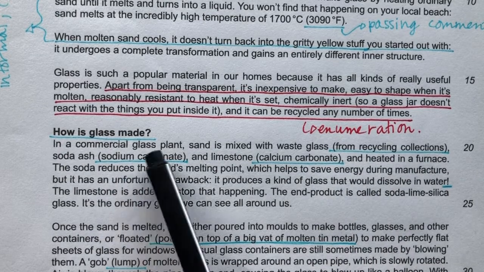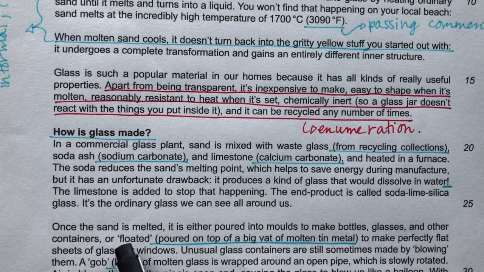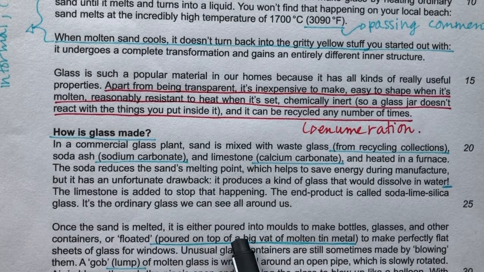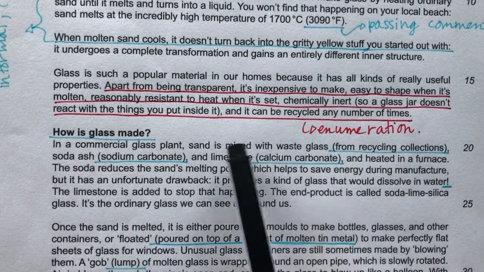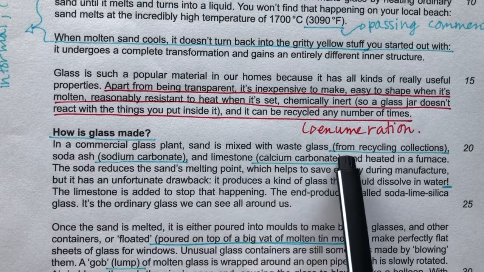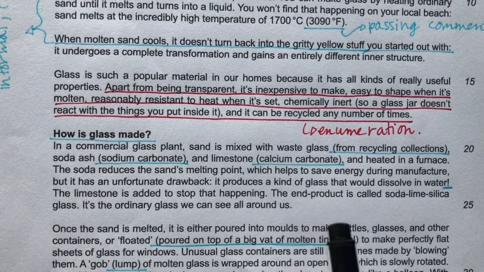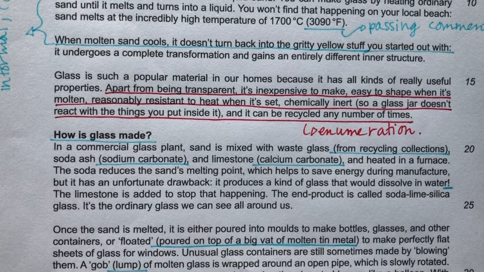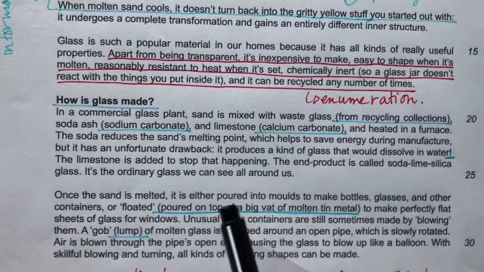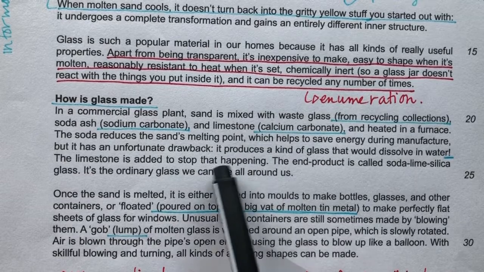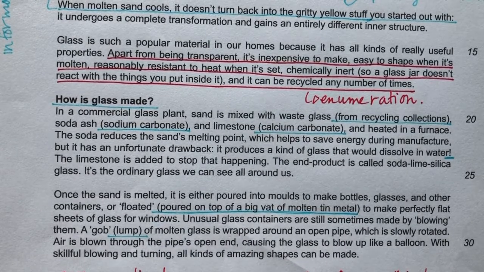Soda ash, sodium carbonate, or floated, poured on top of a big vat of molten tin metal. The author is adding on to whatever he's saying by using parentheses, making passing comments. That's how the writer communicates, just adds on stuff with these round brackets.